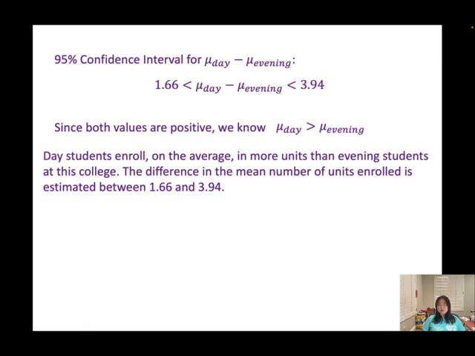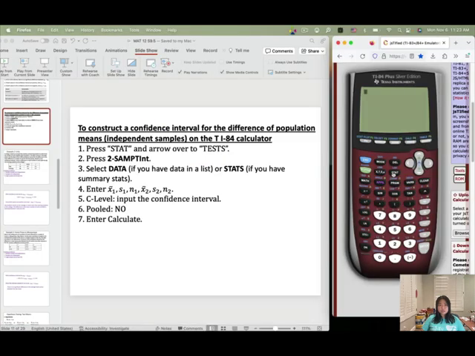The difference in the mean number of units enrolled is estimated to be between these values. Okay, right? Now let me show you how to use your calculator. Go to STAT, go to TESTS, and then we're going to go to two-sample.